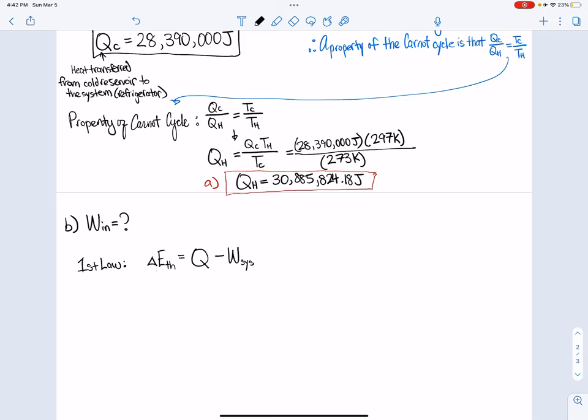I'm just going to clarify this. This is the change in thermal energy of the system, or in other words, the change in temperature of the system, or change in temperature of the refrigerator.